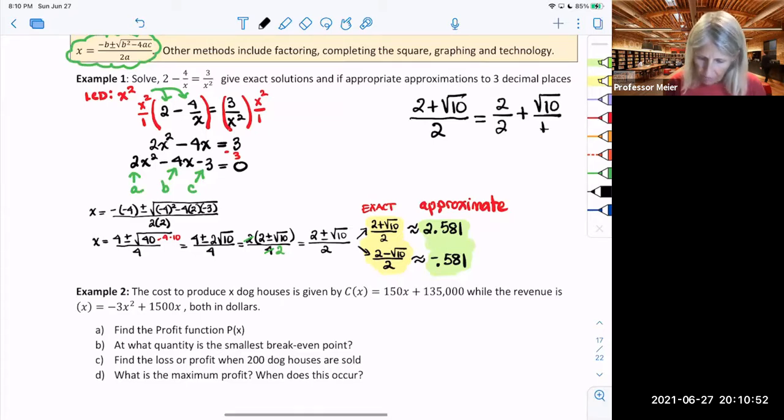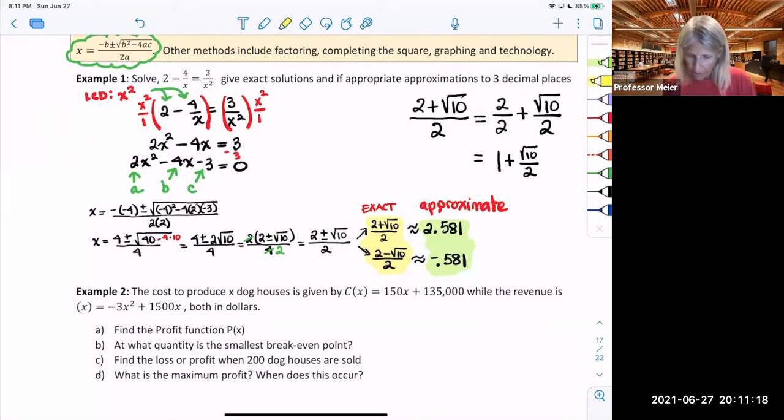So if you prefer, you could split it like this, 2 over 2 plus radical 10 over 2, and then you could write the answer in this version, 1 plus rad 10 divided by 2. That's a different version of the answer. But as far as trying to cancel just the 2's out, that would be illegal, right? So this answer here would be acceptable as well, all right?